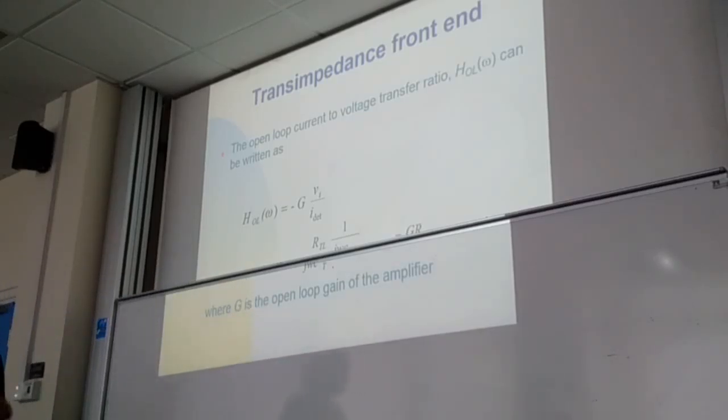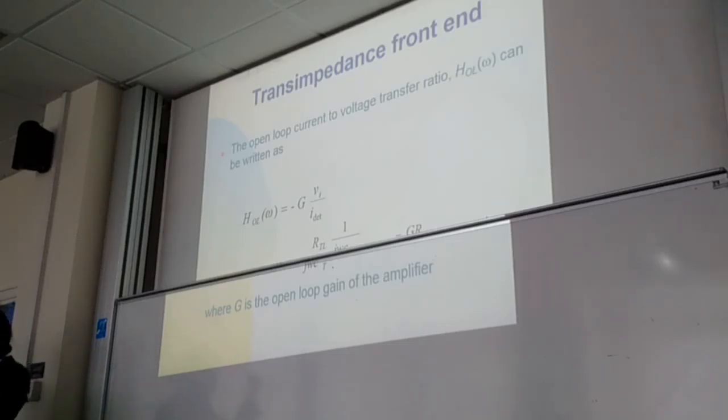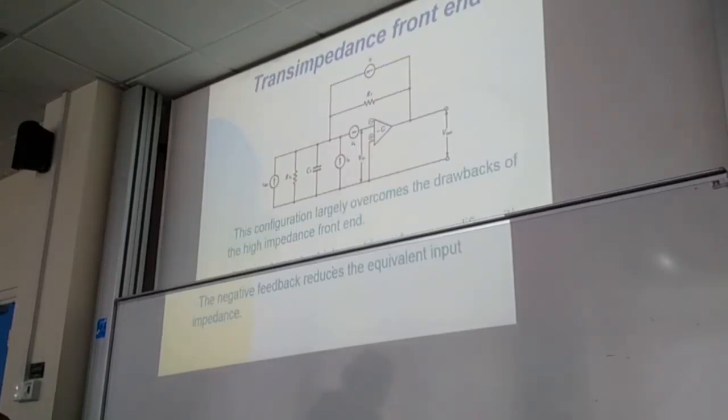As we have seen, the effective impedance at the input of the amplifier is what determines the bandwidth and the noise. So for this structure, we need to calculate what is the effective impedance in this case.